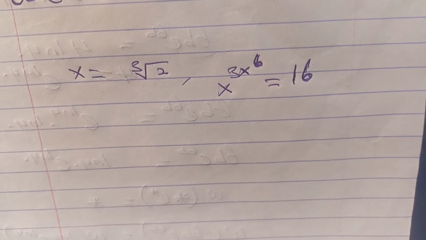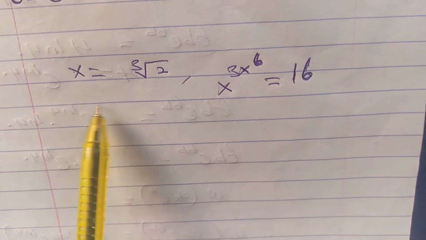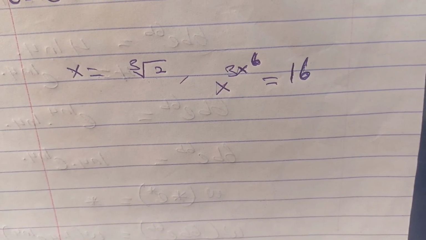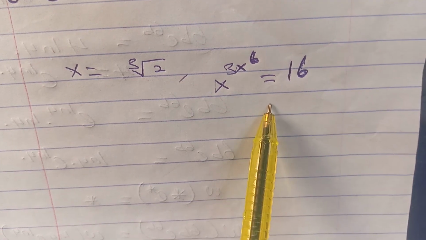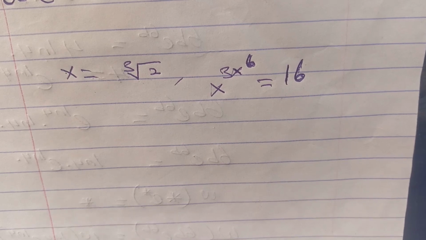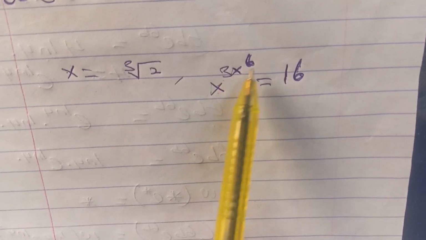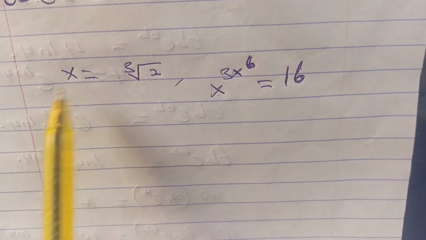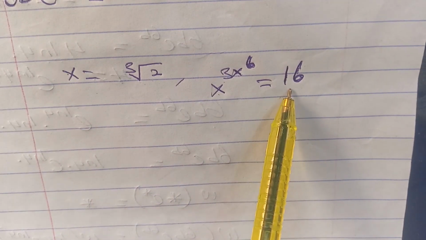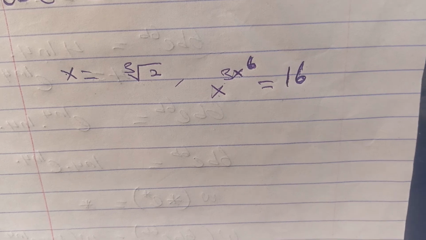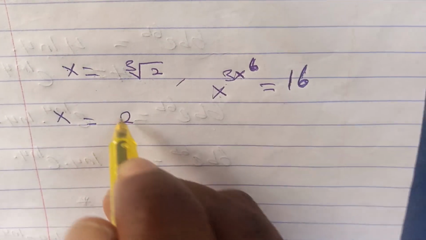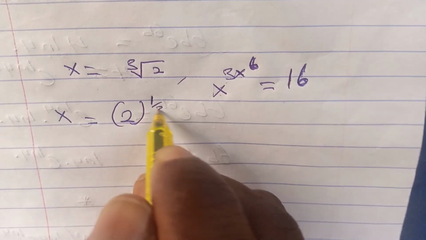Since we solved for x, we said x is equal to cube root of 2. Now we want to substitute the value of x into our question to see whether it gives us 16. This is our question, which is x to the power of 3x to the power of 6 equals 16. So let's do that. Note, my x is equal to 2 to the power of 1 over 3.